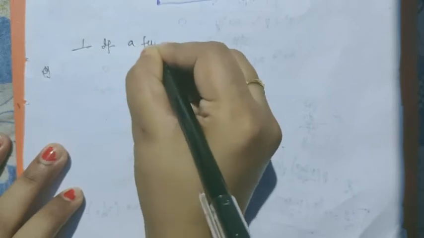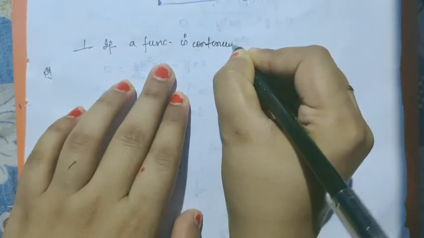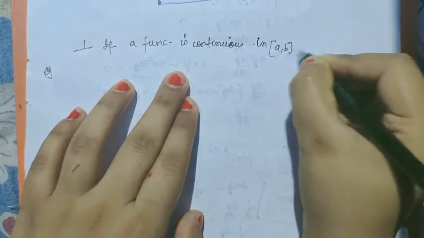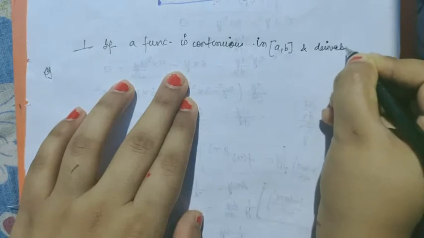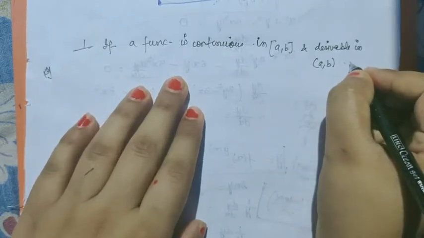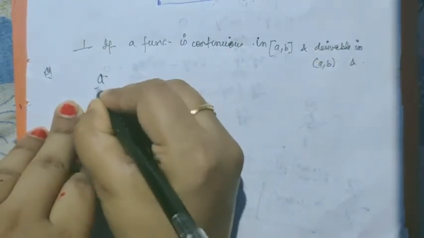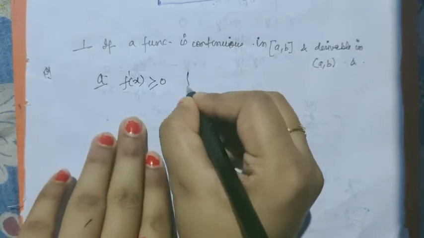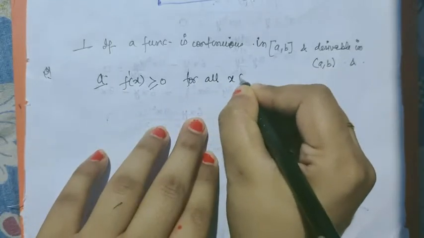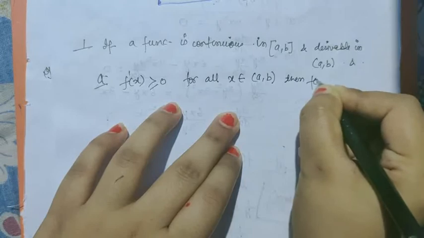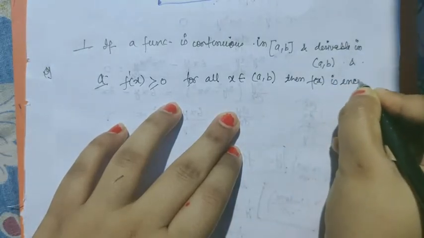If a function is continuous in closed interval a comma b and derivable in open interval a comma b, and first point, f dash x is greater than or equal to 0 for all x belonging to between a and b, then f(x) is increasing function.